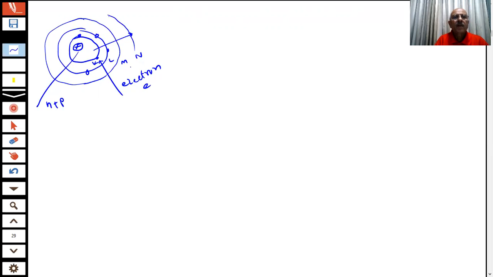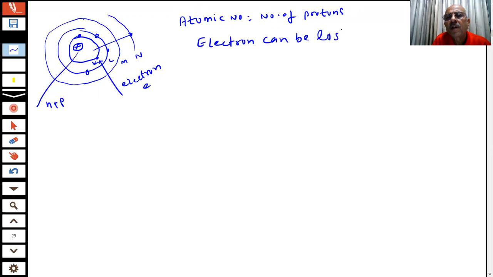Now, students, why do we say the atomic number of an atom is equal to the number of protons? Why do we say that? Because electrons can be lost or gained during chemical reactions.